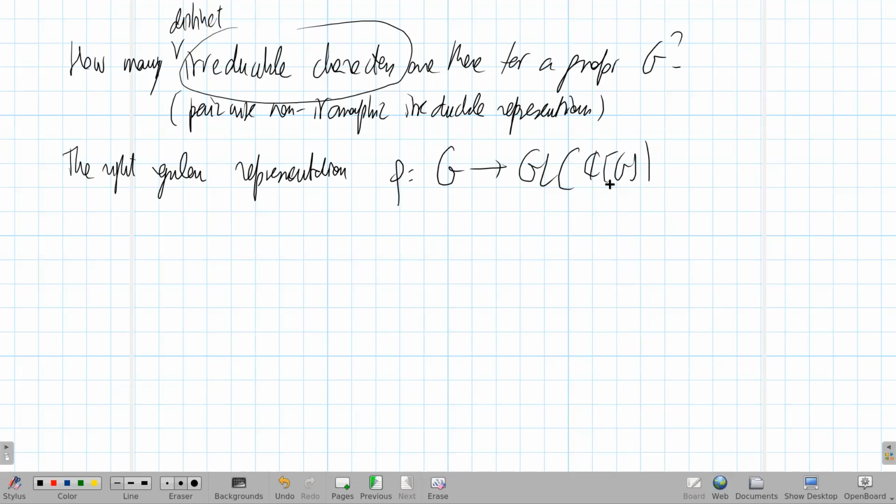And this, recall, is a vector space that has as basis the elements of G. And this is simply the map that sends g to the map that sends h to hg, where h and g are in G. Of course, the image of g under rho has to be a linear map on this, and I just need to declare it on a basis. Recall the group algebra has as basis the elements of G. You multiply it on the right by g. And let psi be its character.